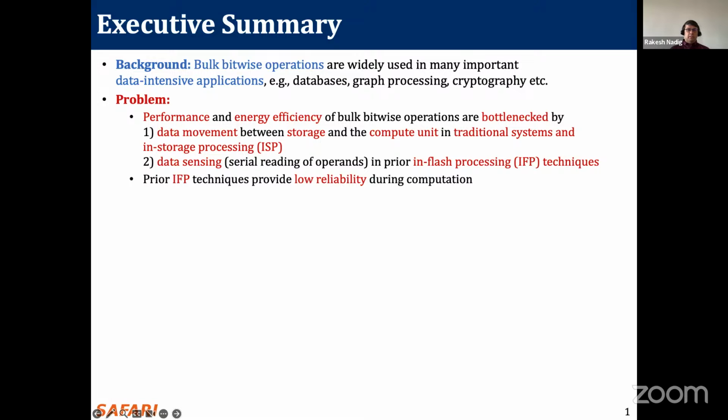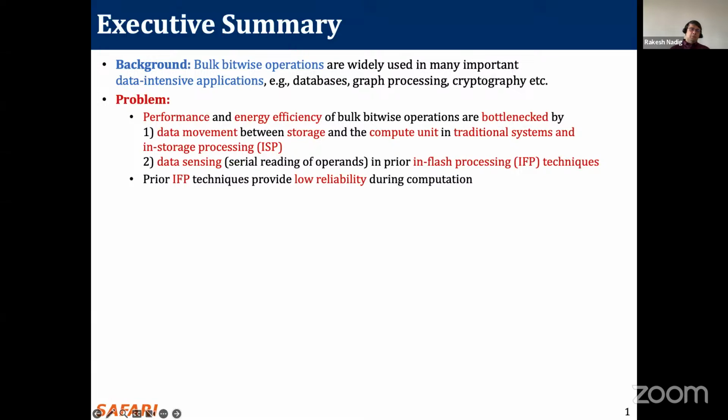These operands, the data on which these bulk bitwise operations are performed, are typically stored in the storage system like an SSD. Whenever the computation has to be performed, the data is brought to the compute unit, which is a CPU or a GPU, and then the computation is performed and the result is moved back to the storage system. So there is a lot of data movement, which affects the performance and the energy efficiency of bulk bitwise operations.